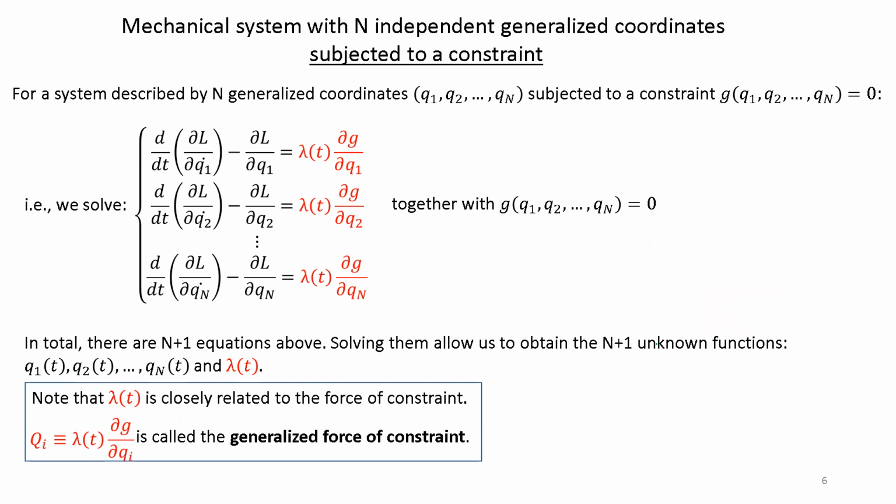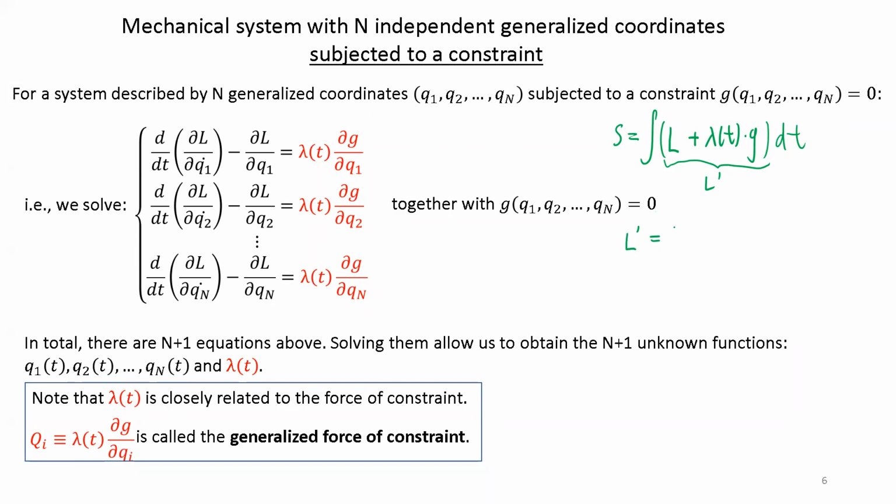I just told you that we are minimizing this integral, and instead of L, it is L plus lambda times G. So we are minimizing the action. Let me just call this L prime, and this L prime is equal to L plus this.